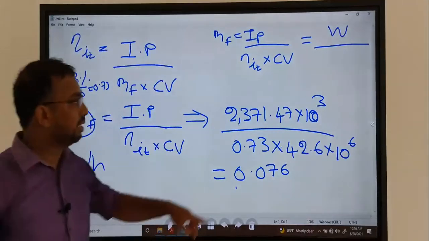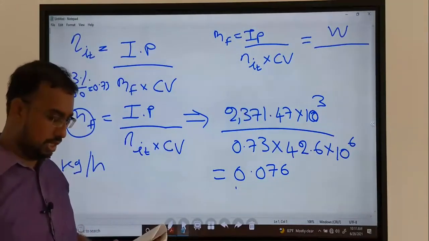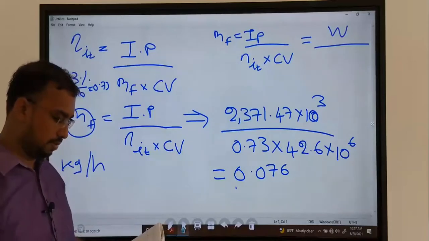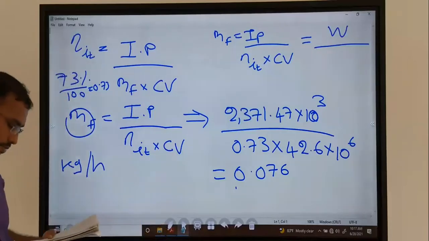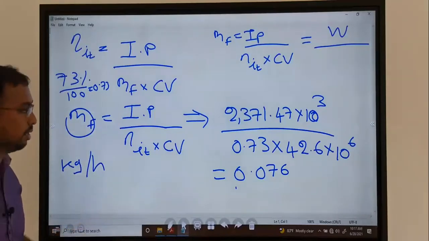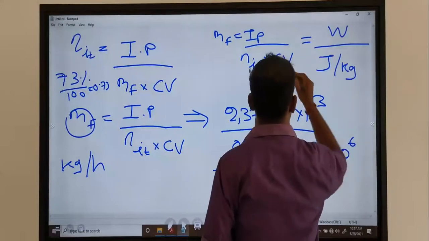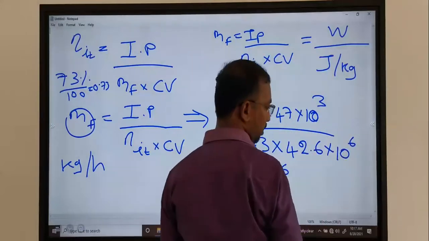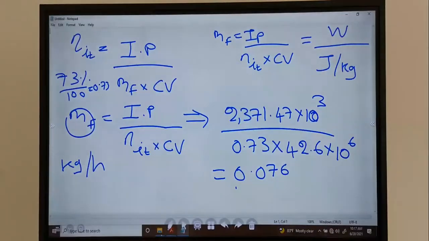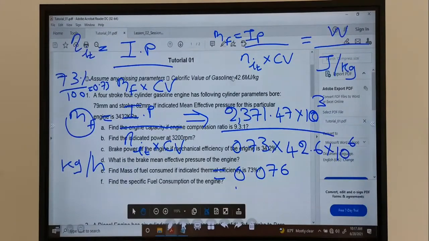But the fuel calorific value is joule per kilogram. The megajoule we put as 10 to the power 6, so joule per kilogram.